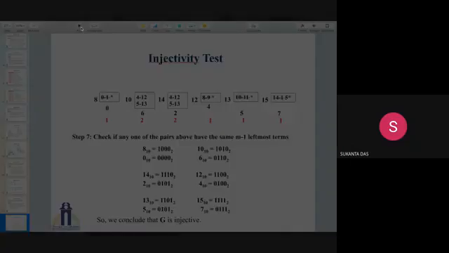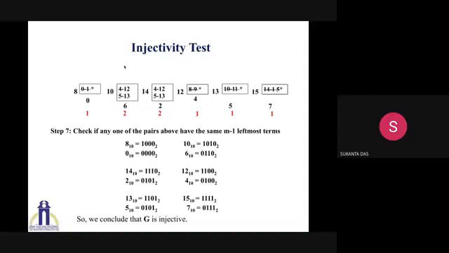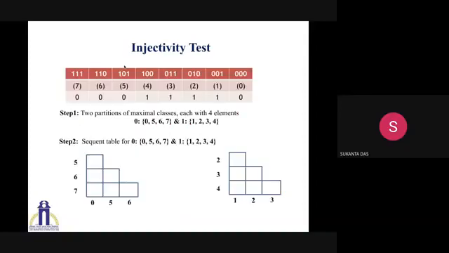Let me give another example. Take this CA. It's rule 30. Again, m equal to 3 here.